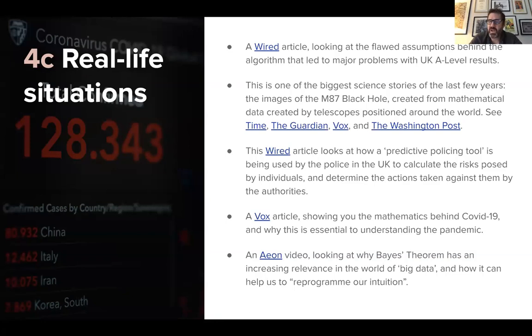There were some very strange results, or supposedly very strange results, that came through because the exam boards decided to use an algorithm to calculate the grades that they awarded for students. And this is just a fantastic story showing how mathematics/TOK is really topical and can be applied to the real world. And obviously it resonates a lot with students. So that's a really nice story for students to get their heads around.